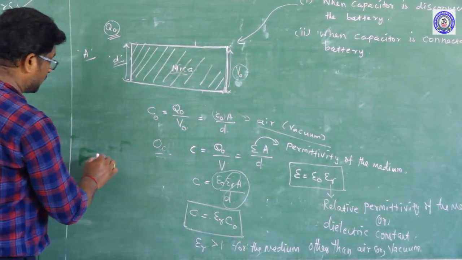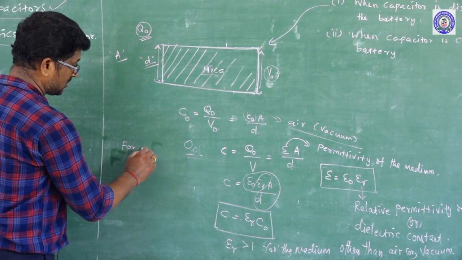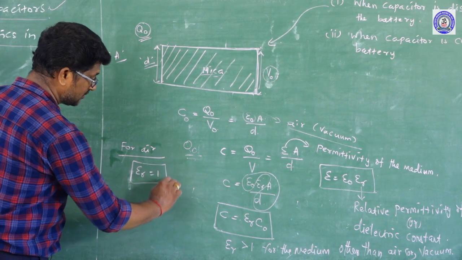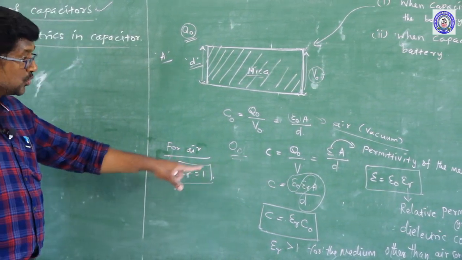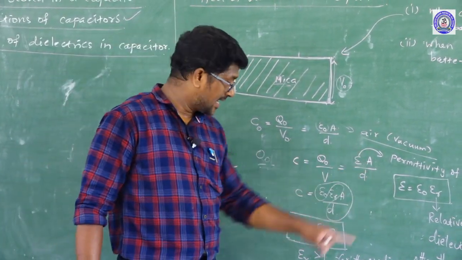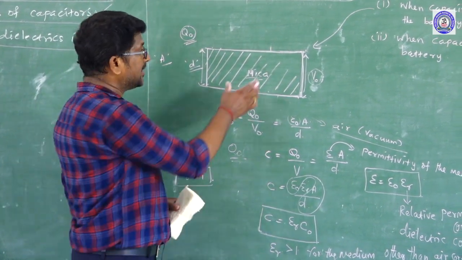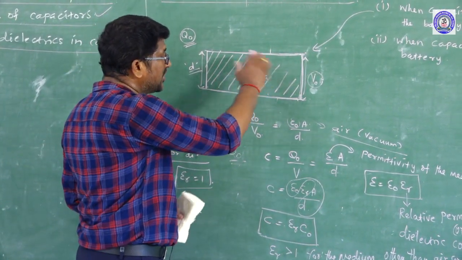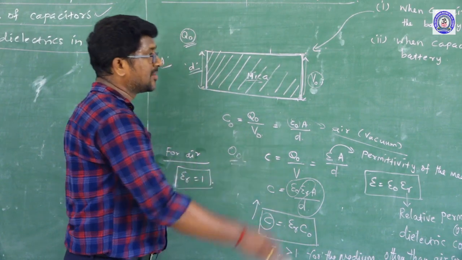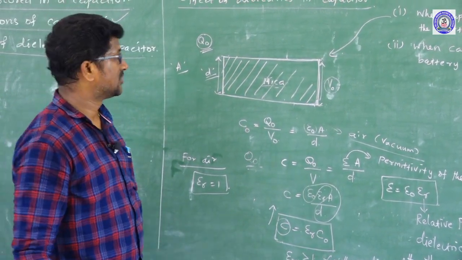For air, the epsilon r value is equal to 1. For air, the relative permittivity or dielectric constant value is 1. Other than air, the relative permittivity or dielectric constant is greater than 1. If the mica material is introduced between the plates of the capacitor, definitely the capacitance of the parallel plate capacitor increases, right.